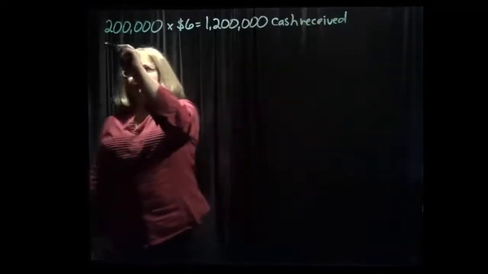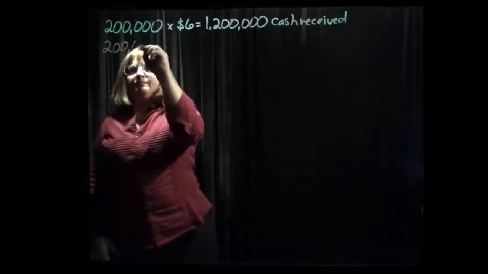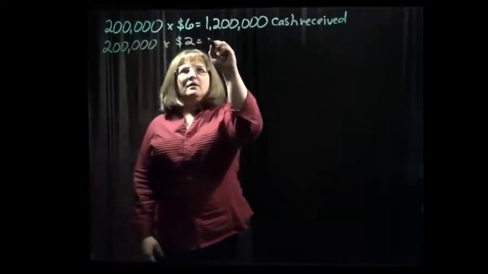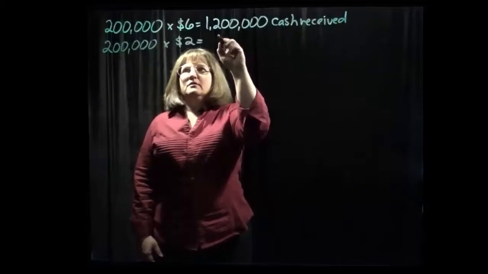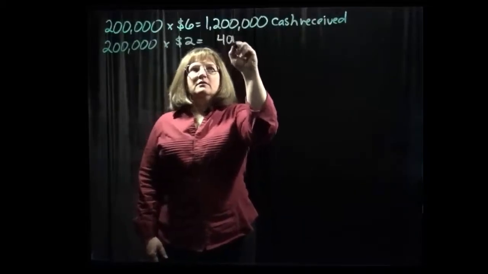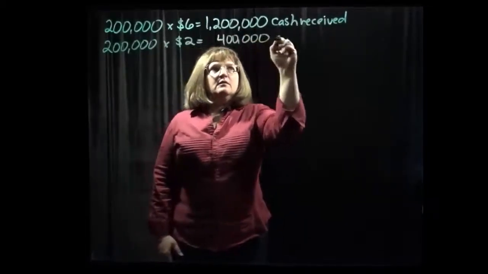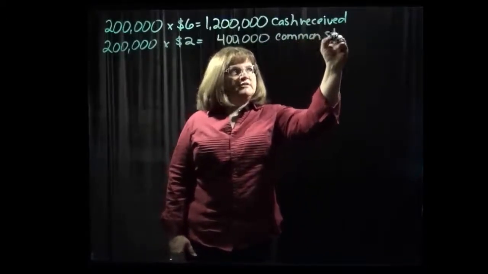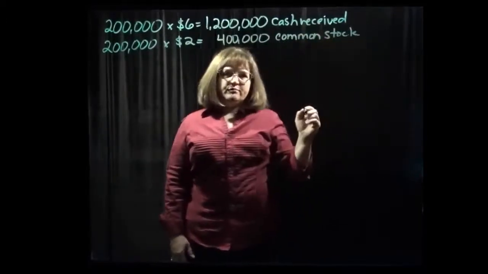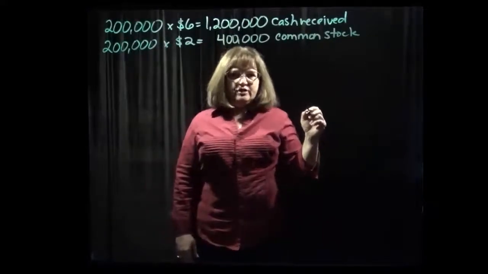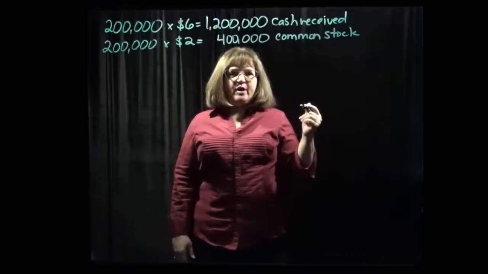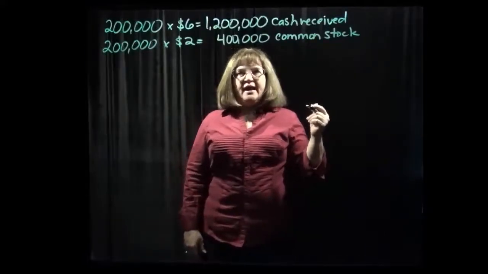Then we multiply the number of shares that we sold times the par value to get the amount that we're going to record as common stock, because we only put the par value into the common stock account. Any amount that we receive in addition to the par is called additional paid-in capital.